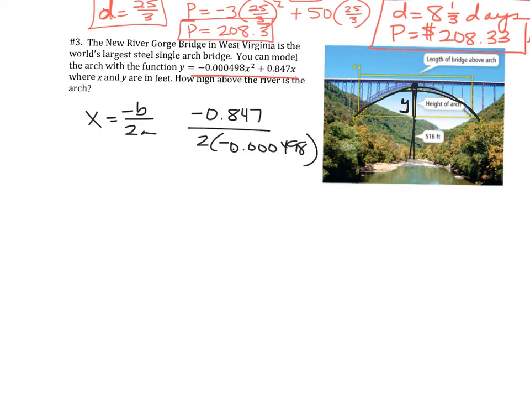Again, I would plug that into your calculator. Make sure that you put parentheses around that 2 times the negative number. If you want to break it up separate, you can. But when you plug this into your calculator, you get x equals 850.4.